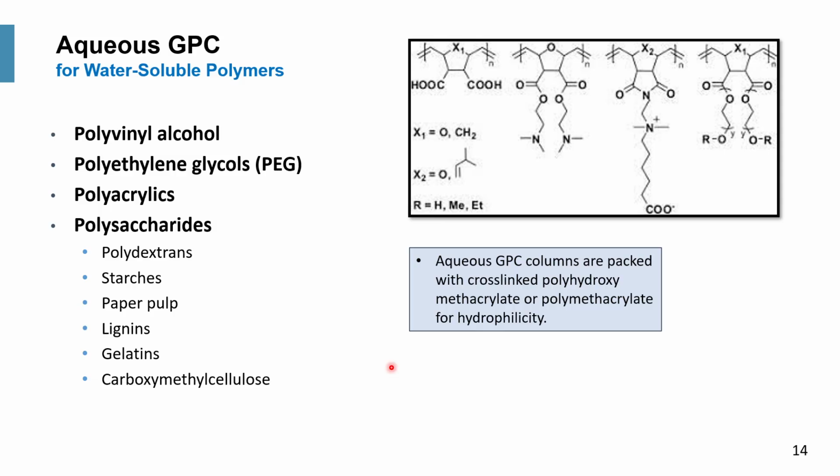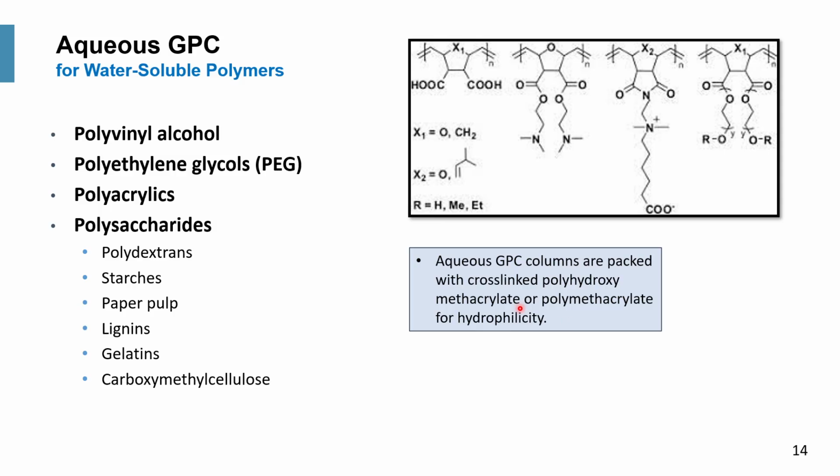Switching gear towards aqueous GPC. For aqueous soluble polymers, water soluble polymers, such as classified here, polyvinyl alcohol, PEG, polyacrylates, and the polysaccharides. Typically, one uses a set of columns packed with cross-linked polyhydroxy methacrylate or polymethacrylates to get more hydrophilicity in the column materials.